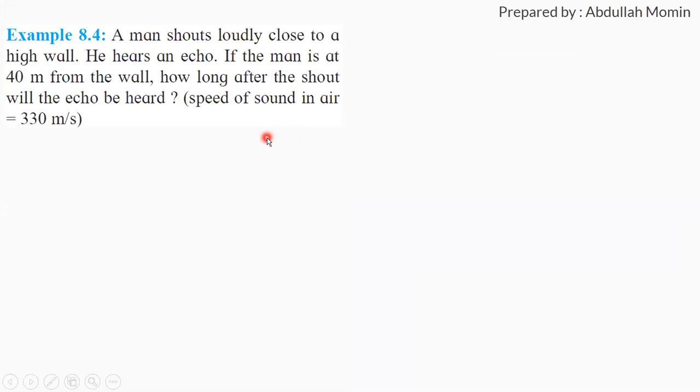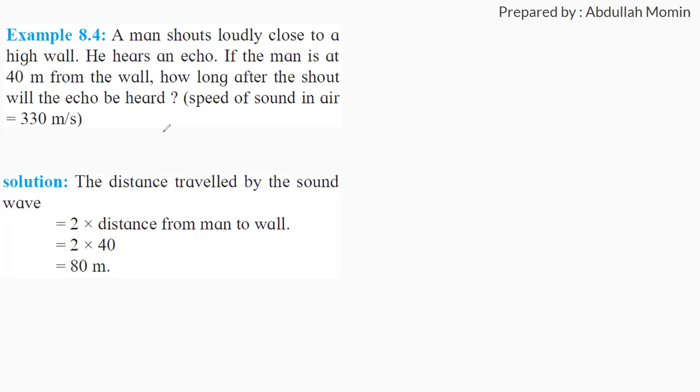So next, numerical example 8.4. A man shouts loudly close to a high wall. He hears an echo. If the man is at 40 meters from the wall, how long after the shout will the echo be heard? Speed of sound in air is 330. So first, the distance traveled by the sound wave.